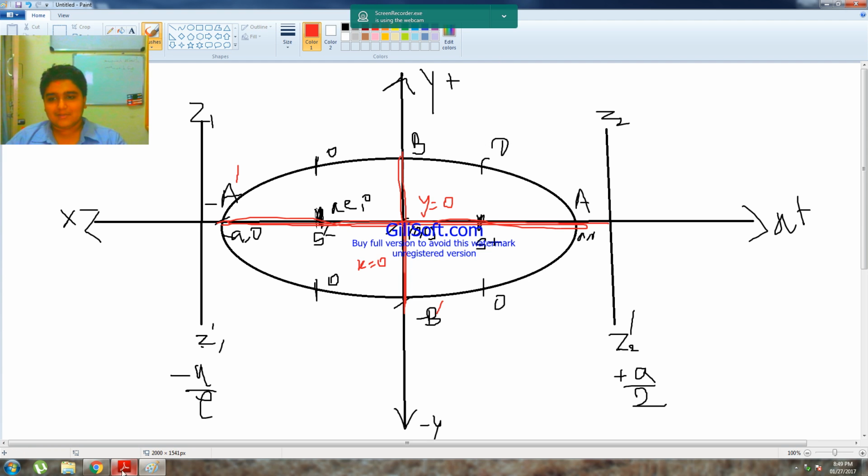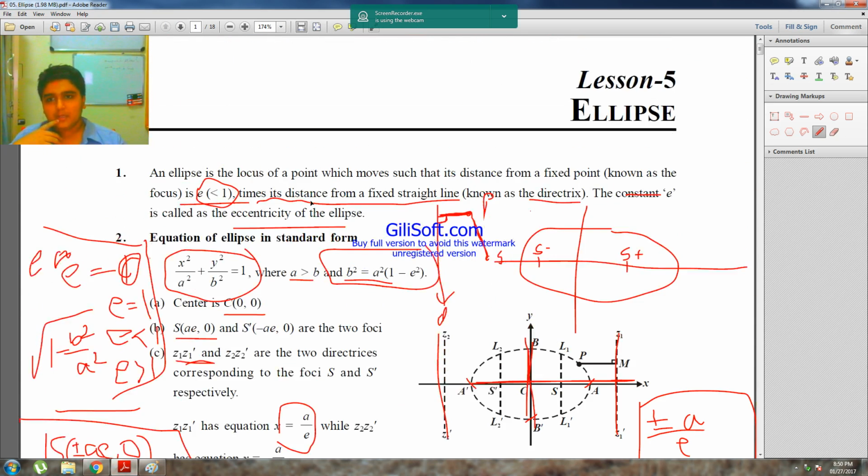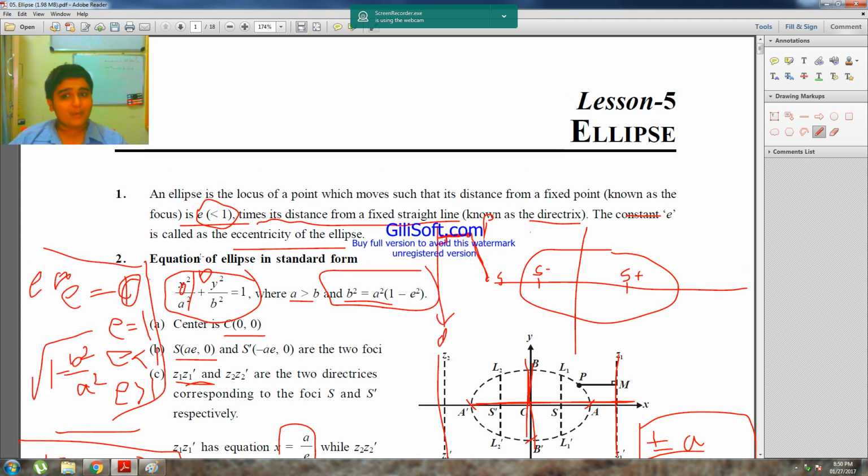Now look at the equation. You can see how symmetric it is. I'll come to that later. But this distance is 2a and this distance is 2b. Now why did we say that these two are equal? Because it's quite simple. How do you check the symmetry of an ellipse? Look at the equation. For every single square term, I put a 0. For instance, if I put x equal to 0, this thing becomes 0, and that means it is symmetric along the y-axis.